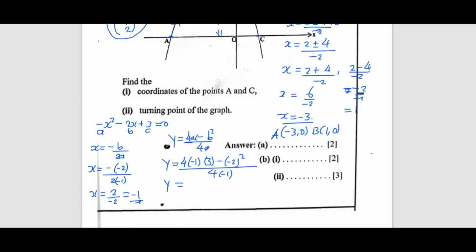So 4 times negative 1 times 3 is negative 12 minus 4 over negative 4. So negative 12 minus 4 is negative 16 over negative 4. Negative into negative is positive. Here we have 4. So turning point, the coordinates will be negative 1 comma positive 4.